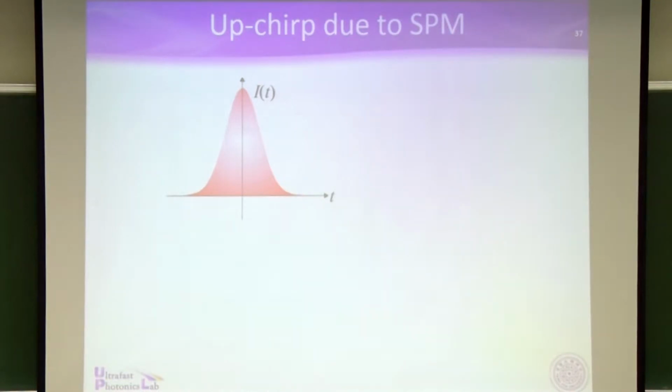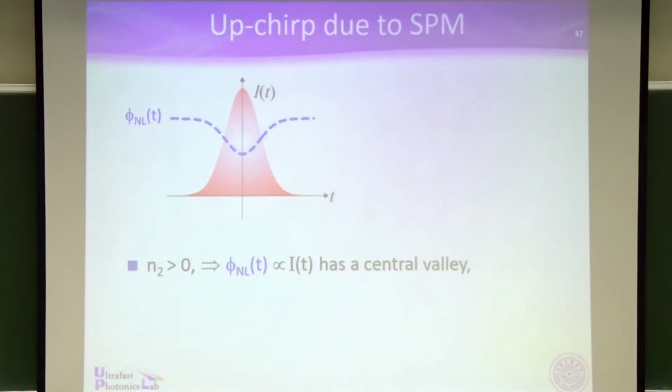Then what is the corresponding phase modulation curve in the presence of SPM? Do you still remember the relation between the phase modulation function and the input intensity function? Basically, they are proportional to each other, but with a minus sign, right?